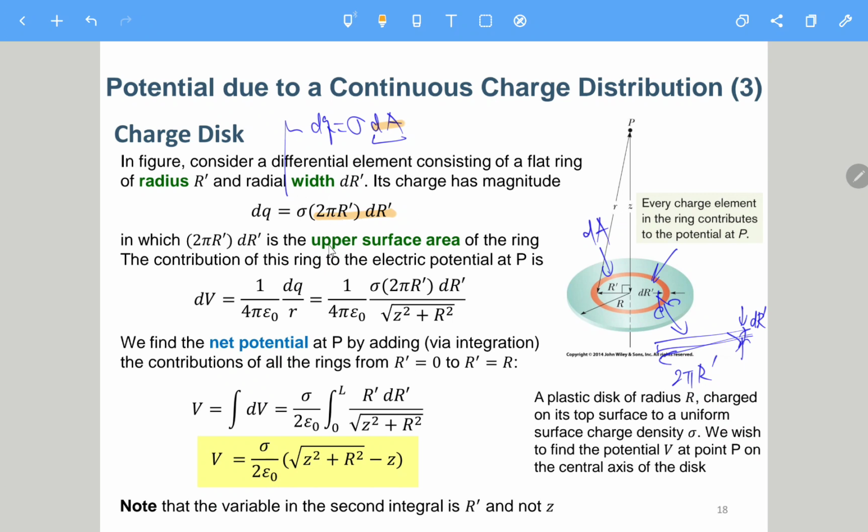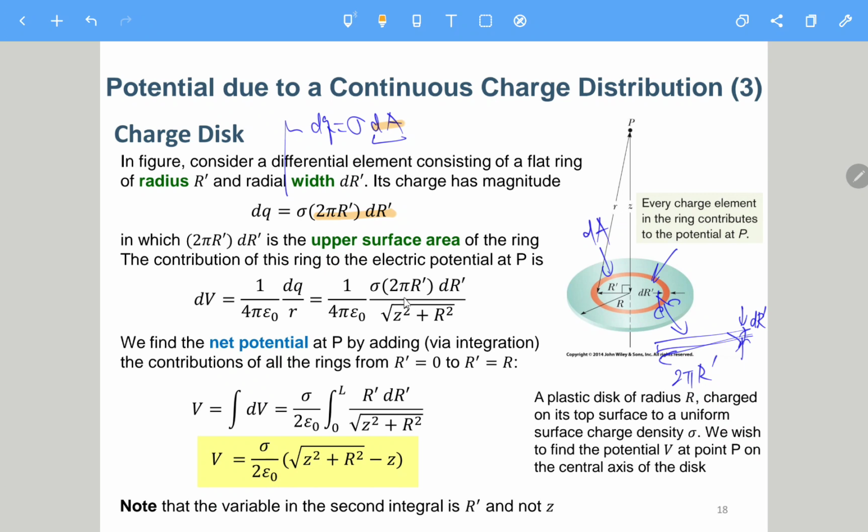Next, let's consider what dV is. dV will be k times dq over r, nothing special. We can plug in dq here: sigma 2 pi r prime dr prime is the dq.